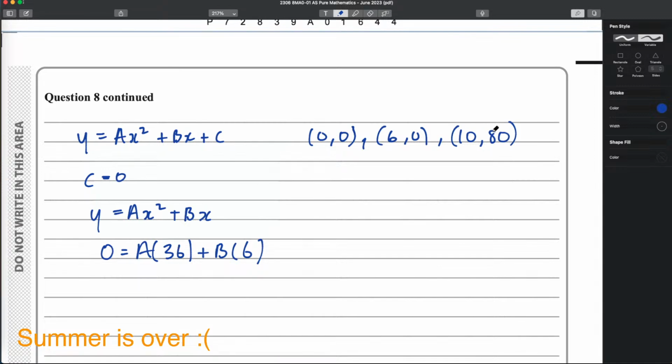And for this point, we get 80 equal to a times 100 plus b times 10.